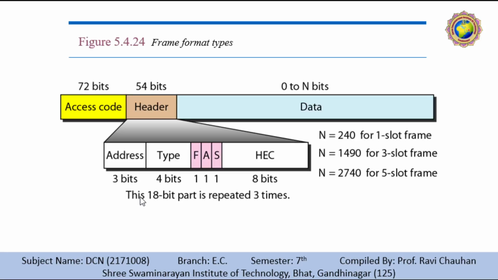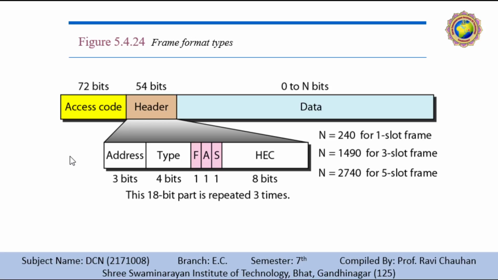So what is the frame format of our Bluetooth? A frame in the baseband layer can be one of 3 types: 1 slot, 3 slot or 5 slot. A slot, as we said before, is 625 microseconds.